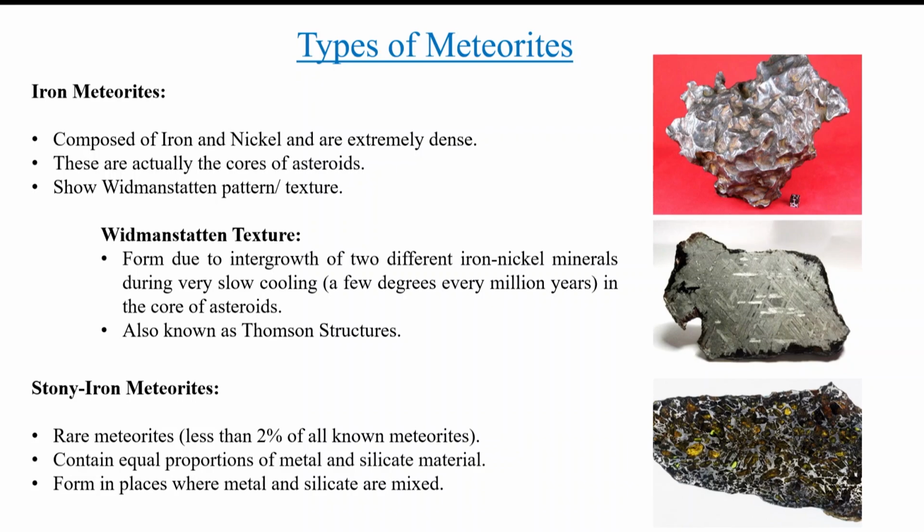That means metals and silicate materials have combined to form these stony iron meteorites, and they have formed in places where metal and silicates might have been mixed. This diagram gives you an idea of the Widmanstätten structure, these triangular structures, and the presence of both stones and metals within this meteorite. That is why they are referred to as stony iron meteorites.